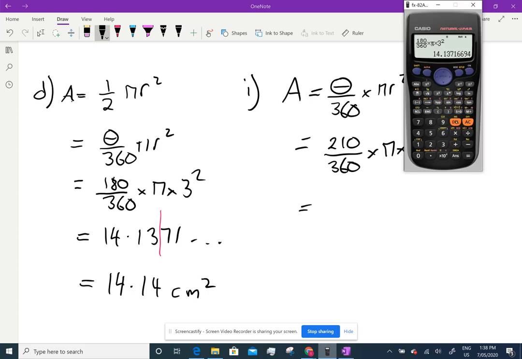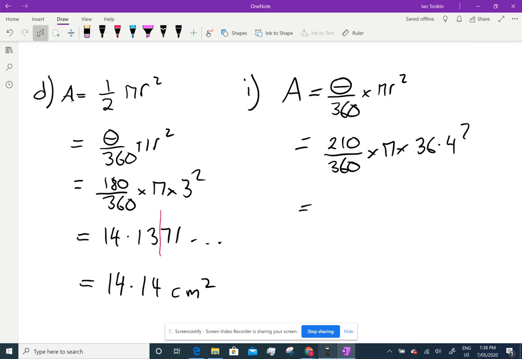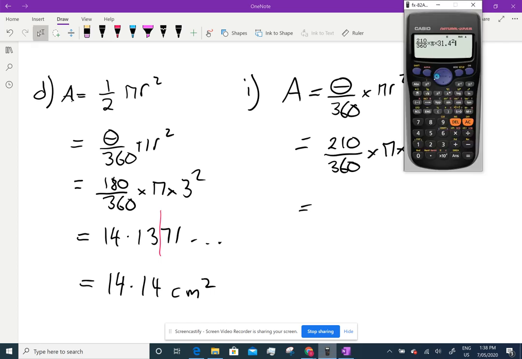Calculator. I'm going to delete it all. 210 over 360 times pi times 36.4 squared. I have to go back and change that to a 6.